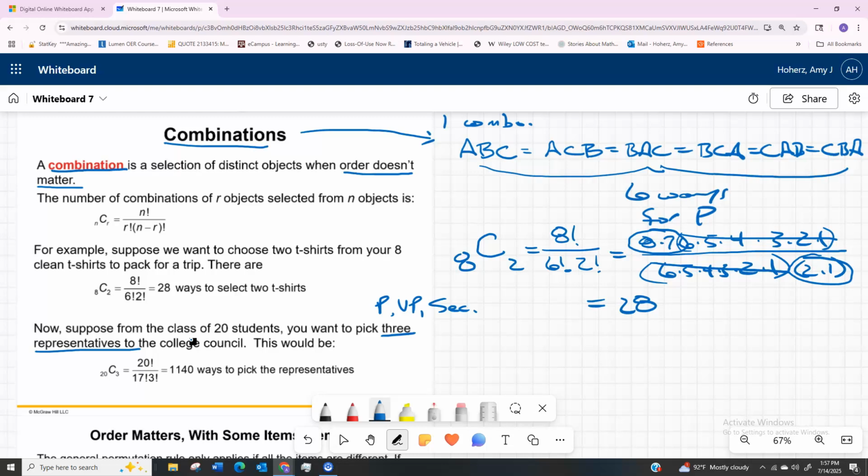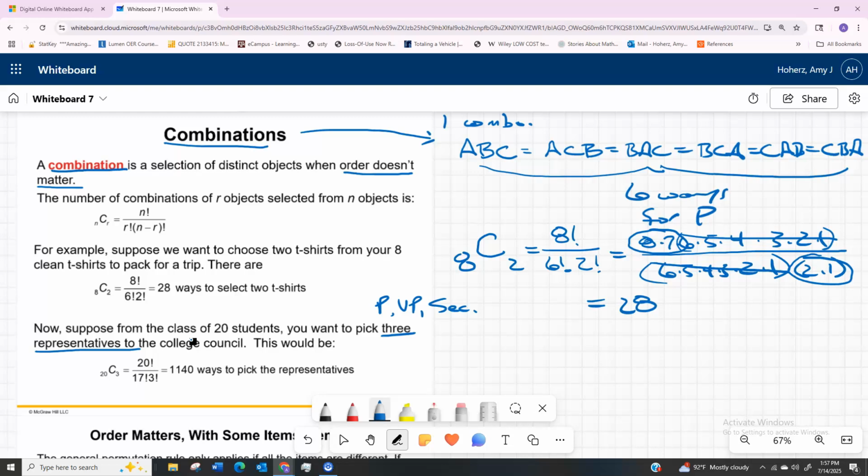When you're putting things into a particular title or position, the order matters. But in this case, we're just picking 3 representatives to go. It doesn't matter if you're picked first or second or third, you're still going to represent the class if you're selected. So the order doesn't matter.